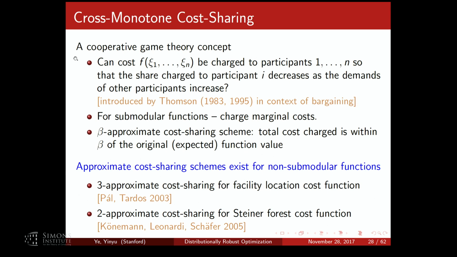In many stochastic optimization problems, you can prove that some functions do have 3-approximate cost sharing or 2-approximate cost sharing, and once you have that, we can prove POC is less than 2 times beta.